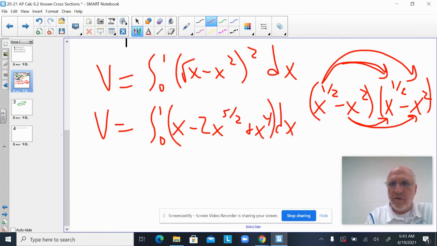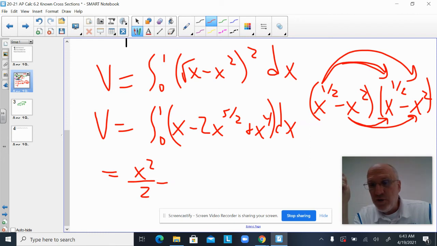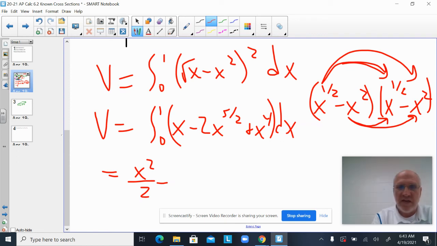So there's my integral. Now I can take the antiderivative. This is x squared over 2 minus 2 times x to the 7 halves over 7 halves. And over 7 halves means times 2 sevenths. I believe it becomes x squared over 2 minus 4 sevenths x to the 7 halves, and then plus x to the 5th over 5.